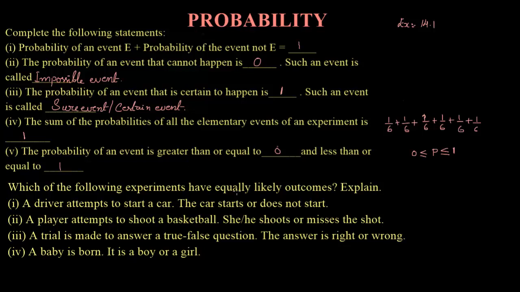It depends on the driver, the capacity of the driver, whether he is a beginner or an expert. Maybe he does not know how to drive. Beginner and expert we cannot say, because even they can start the car, but maybe the person does not know how to drive the car, or the person knows how to drive the car. So it depends on that.